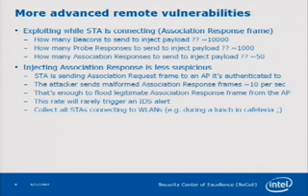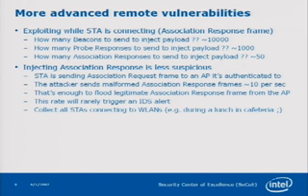Also, injecting association response frames is less suspicious. The station sends an association request frame to an access point it's authenticated to, and the attacker sends malformed association response frames at a rate of roughly 10 per second. That's enough to flood the legitimate response from the access point, and this rate will rarely trigger the wireless IDS alert.